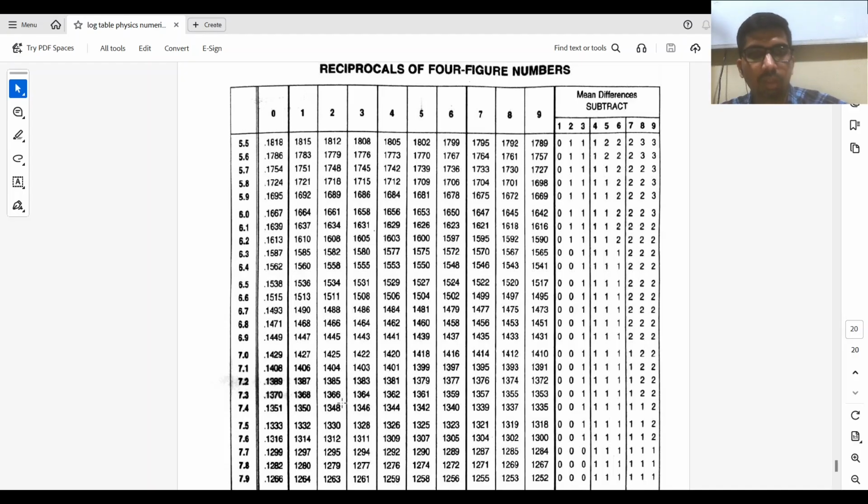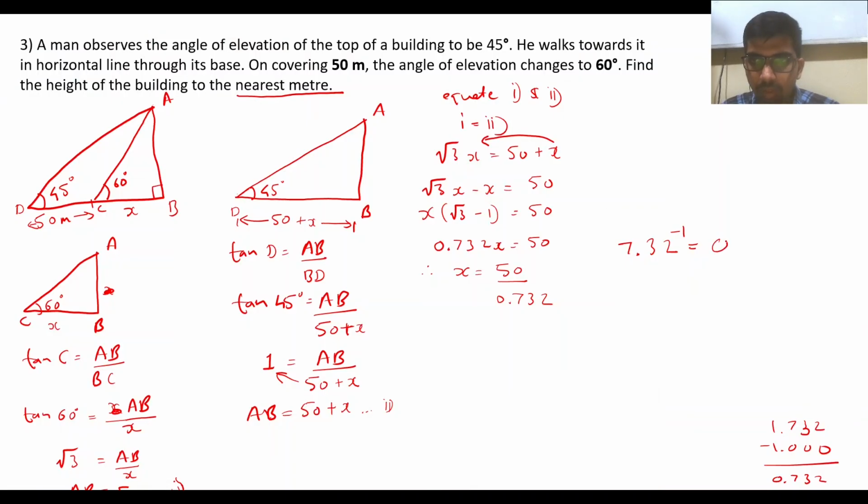Open a logbook. 7.32. 7.3 is over here and 2 vertical. Wherever the lines intersect, what answer comes? For 7.32 this comes: 0.1366. So write 0.136. 0.1366 is what we get.